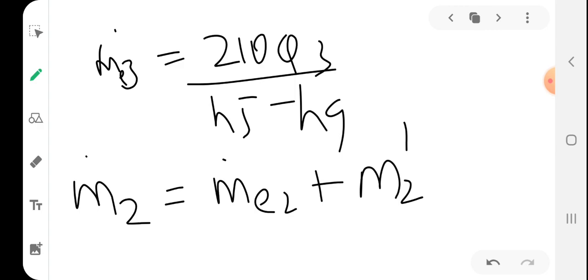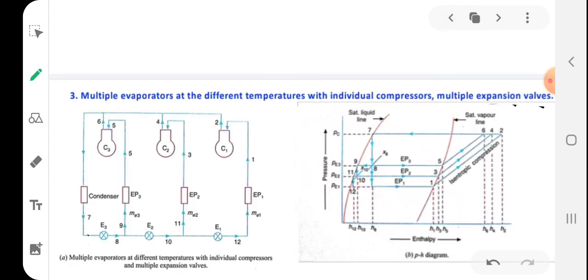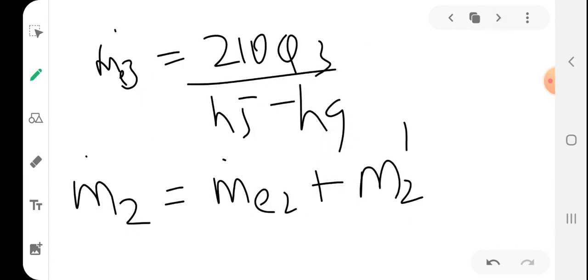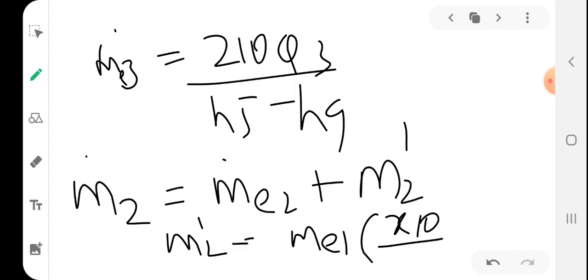If x10 is the dryness fraction of refrigerant leaving the expansion valve E2, then the mass of vapors formed by me1 while passing through the expansion valve E2 is given by m2 dash, which equals me1 into x10 by 1 minus x10.